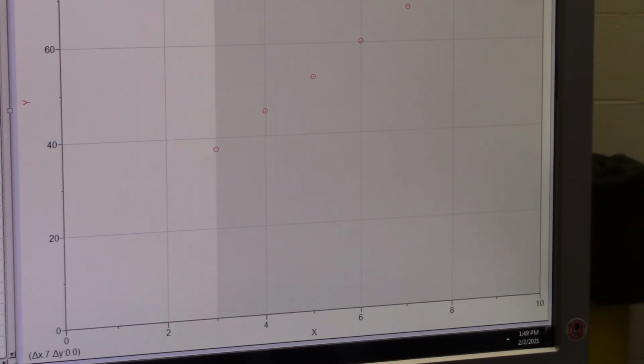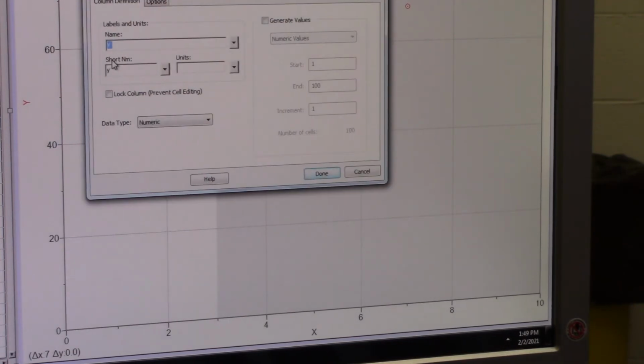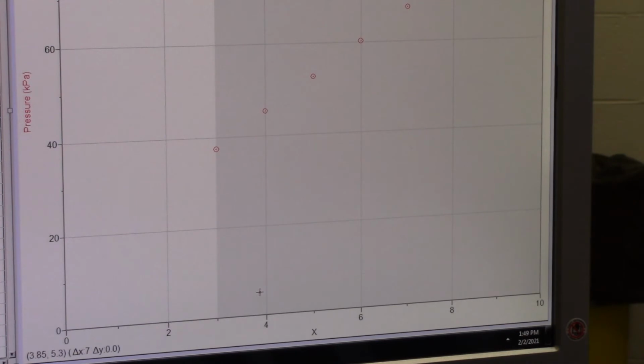All right, so what I'm doing here is I moved it to another graph, but that's fine. Okay, and then just replot it. That's not right.